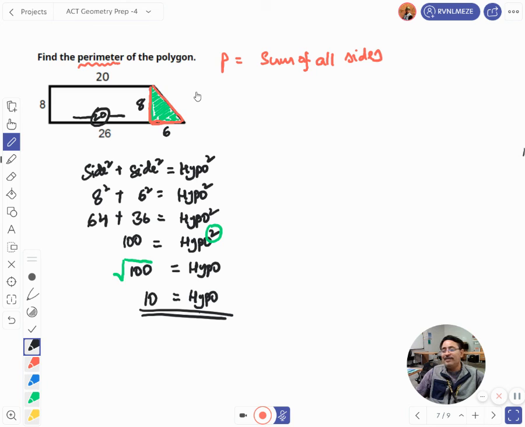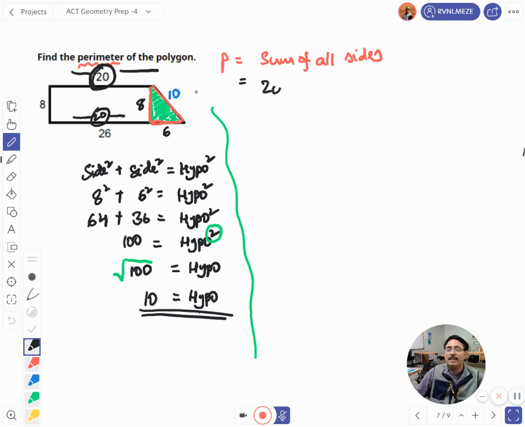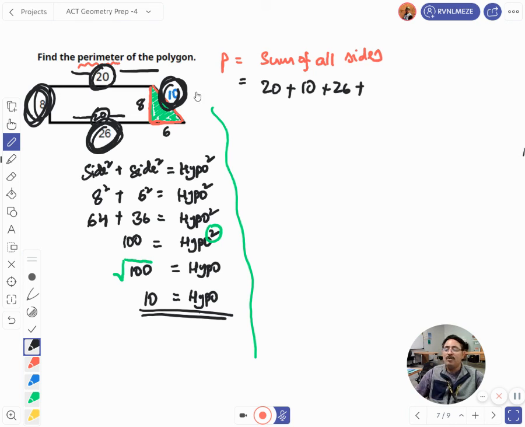Now once you get hypotenuse as 10, from here onwards it's easy, because perimeter means sum of all sides. Please remember the whole length is 26 here. Perimeter means total length of the boundary line.